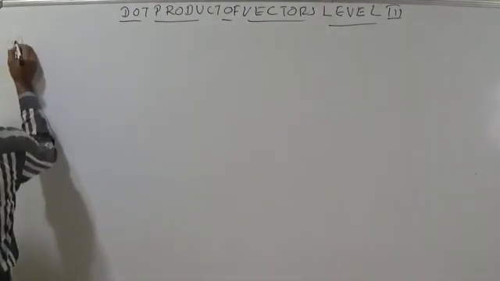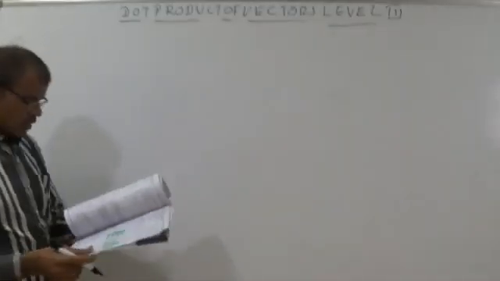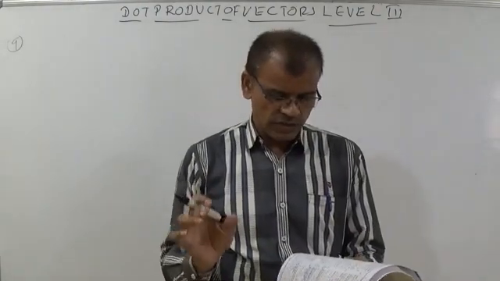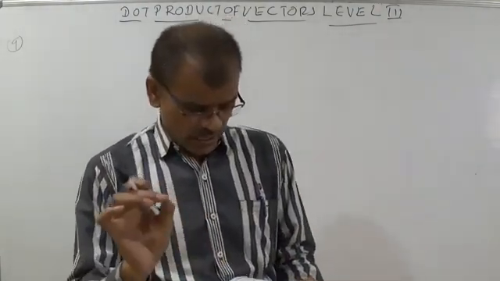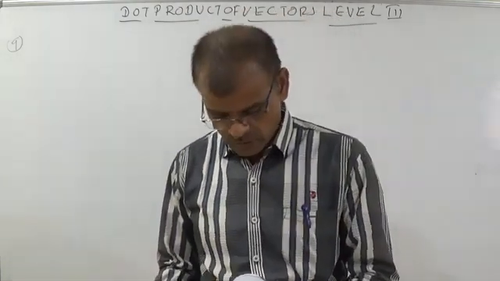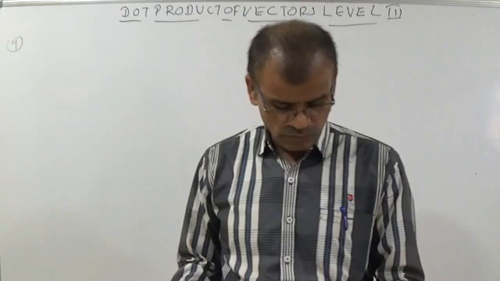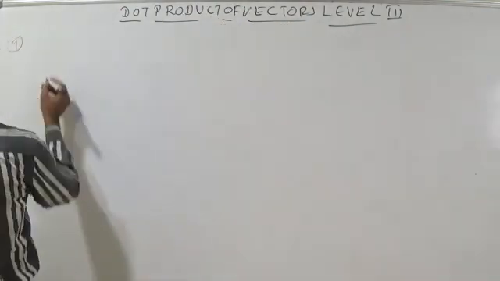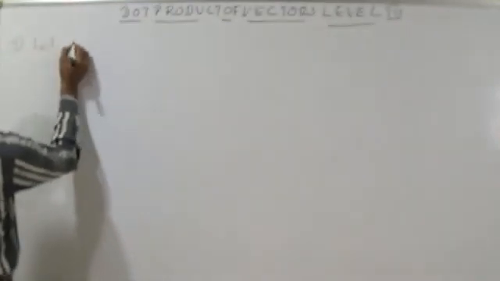Ninth question. Let A bar, B bar, C bar be vectors of equal magnitude such that the angle between A bar and B bar is alpha, the angle between B bar and C bar is beta, the angle between C bar and A bar is gamma. Then we should calculate the minimum value of cos alpha plus cos beta plus cos gamma. Depends upon trigonometric concept.